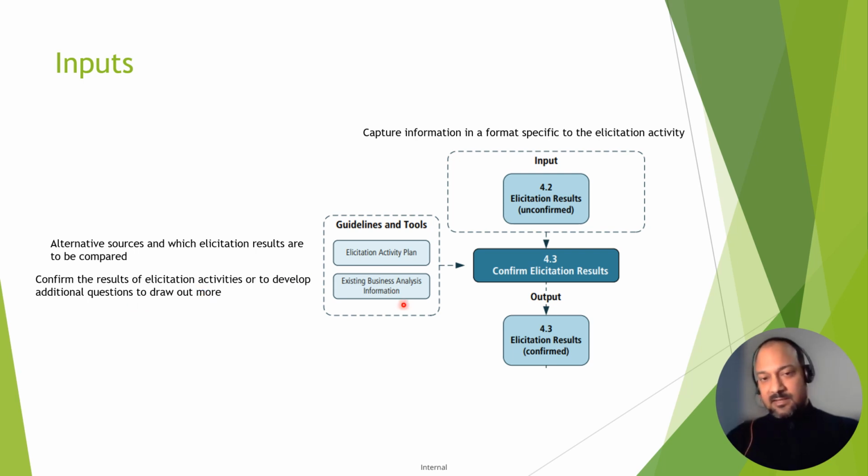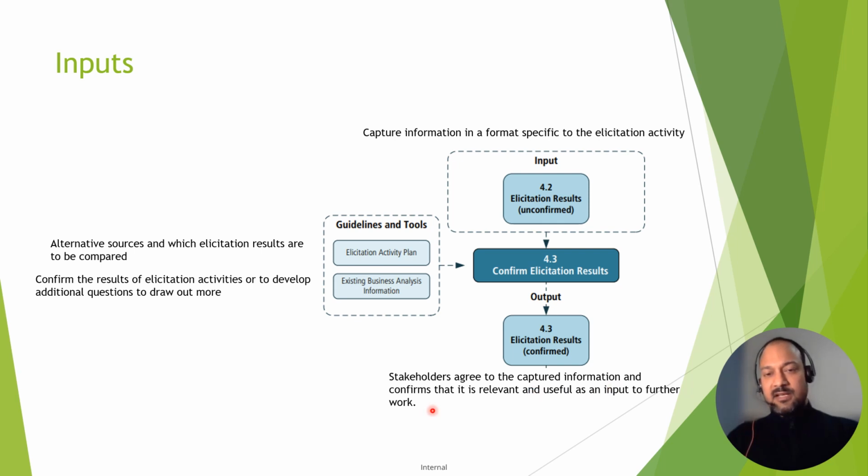So this is existing business analysis information, and we get the output, that is, stakeholders agree to the captured information and confirm that it is relevant and useful as an input to further work.